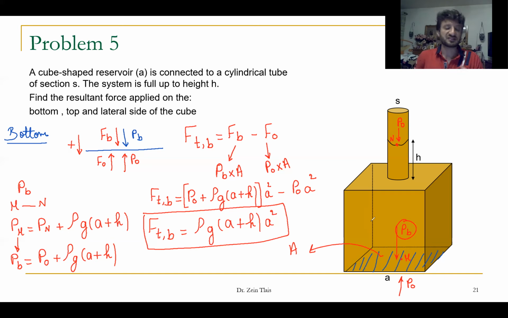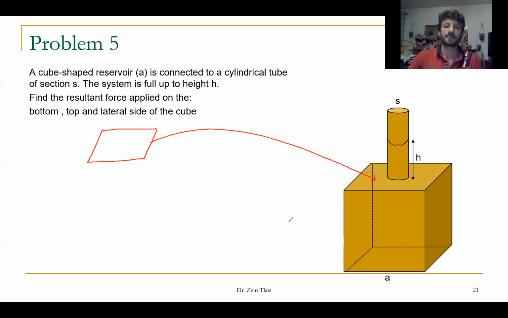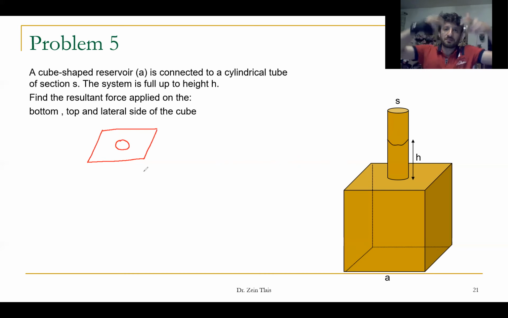We can follow the same calculation to find the force at the top of the cube. At the top of the cube, if you look well, we have a side like this, and we have a hole here because we have a tube at this point.